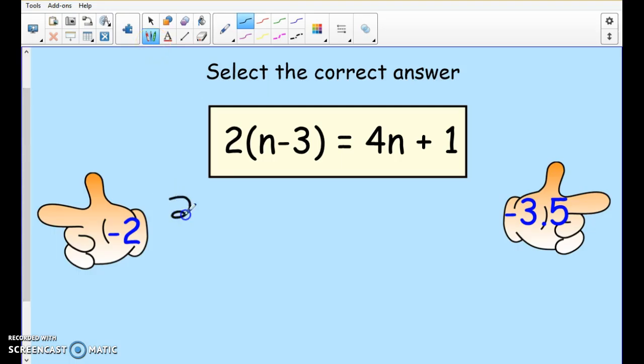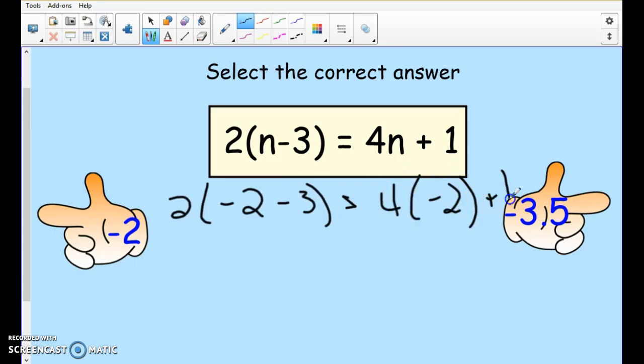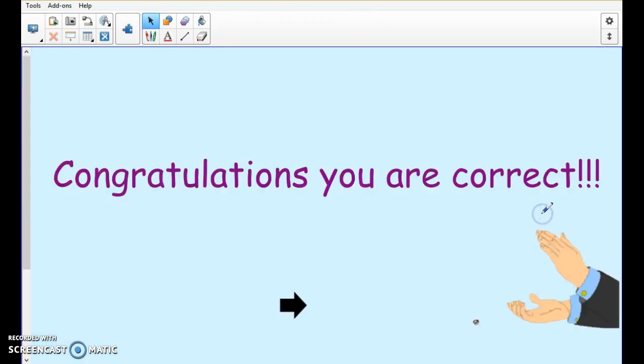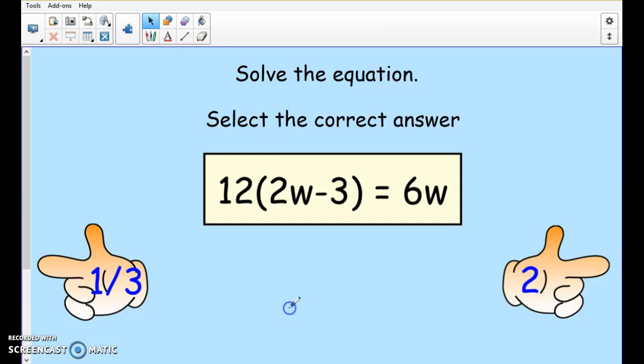If n is negative 2, then 2 times negative 2 minus 3 equals 4 times negative 2 plus 1. This side is negative 5. This side equals negative 10. And this side equals positive 7. Well, then I know it's not that, so it has to be 3.5.